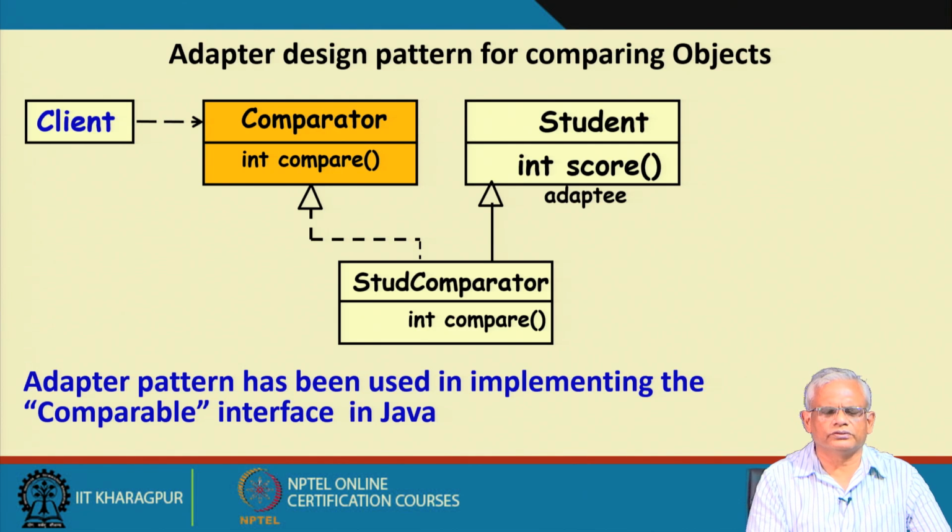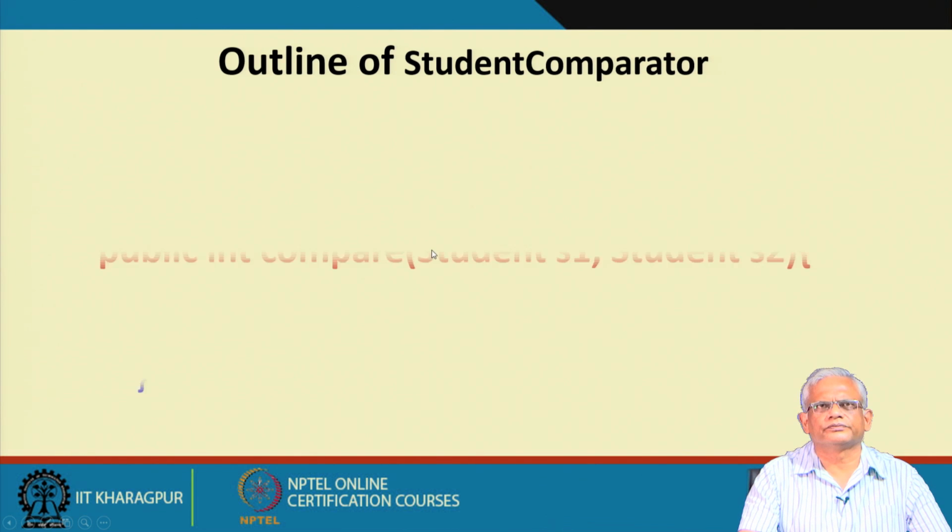So, the client needs to call a student comparator, which is essentially an adapter which implements the comparator interface and inherits the student, and internally it needs to provide a definition for the compare, and the definition is given here.